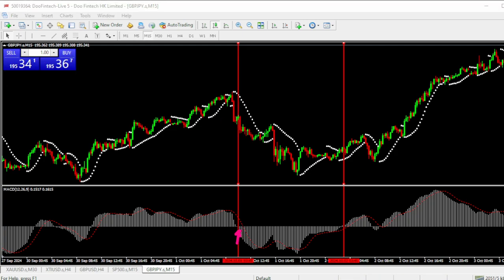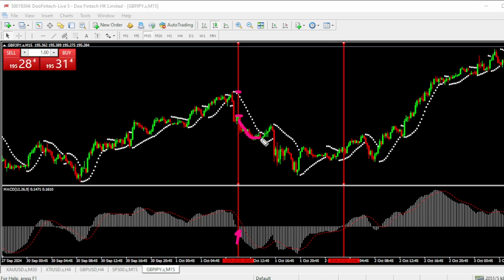So in this example, you can start a sell position just right here. You put your stop loss just right here, right? And your sell position should start you in positive, not so much drawdown.